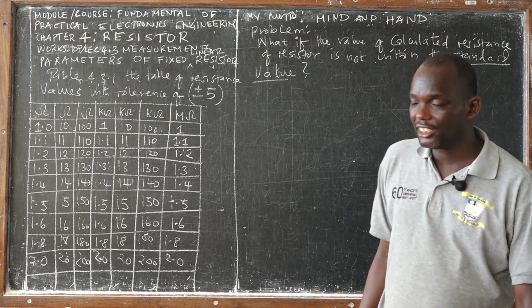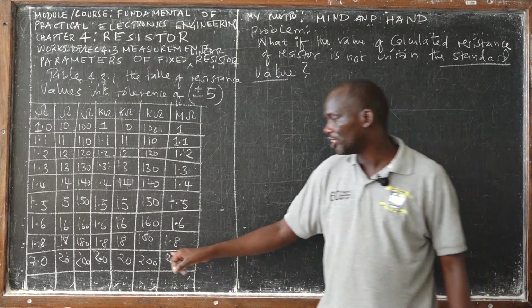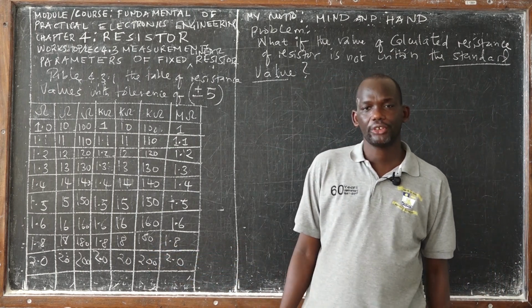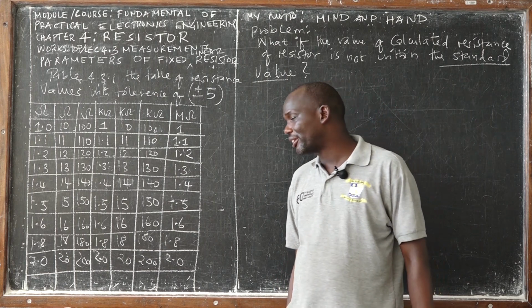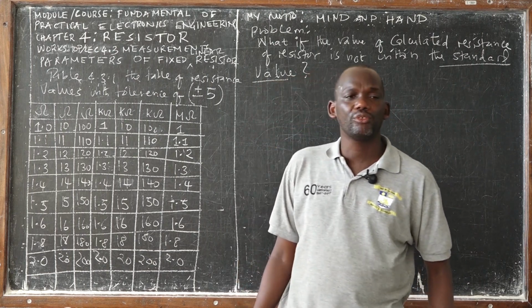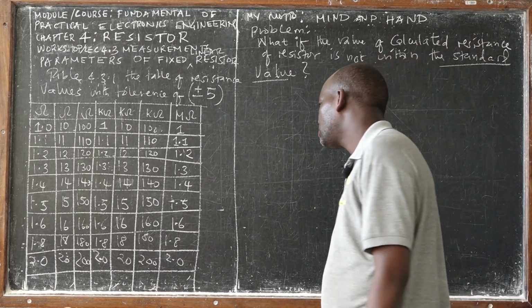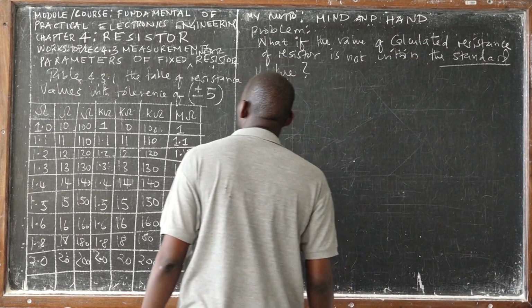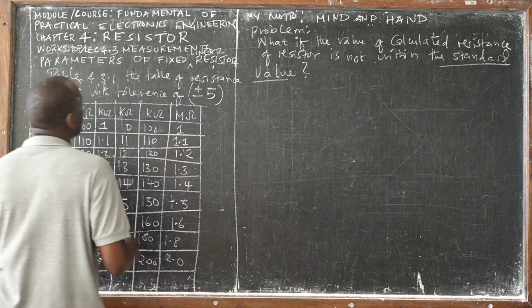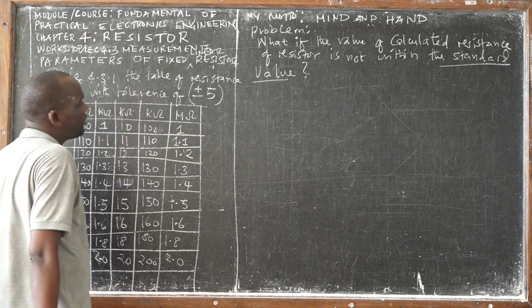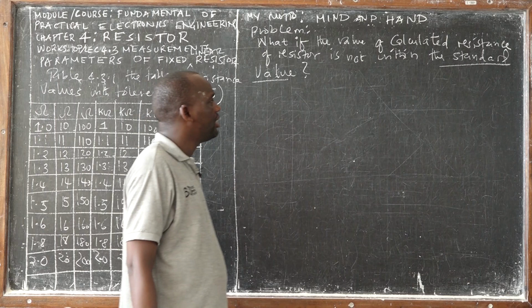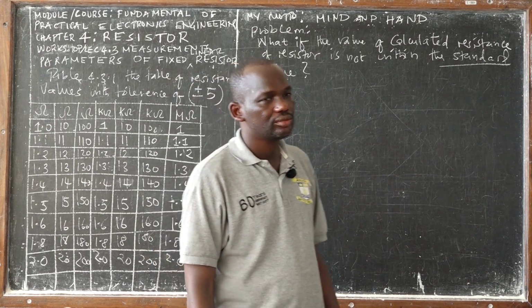So 190 is not in this table. If it's not in that table, that's when we have a problem. What if the value which has been given is just a value? So that's why you say, what if the value of the calculated resistance of the resistor is not within the standard values?